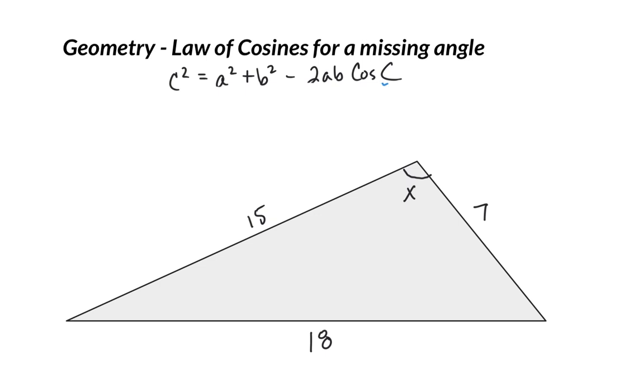Please remember, the angle we're looking for has to be across from our C. That's the only important thing we need to establish. Okay, that's going to be our C. So we're going to have 18 squared equals the other two sides. It doesn't matter what order we go in. 17 squared.